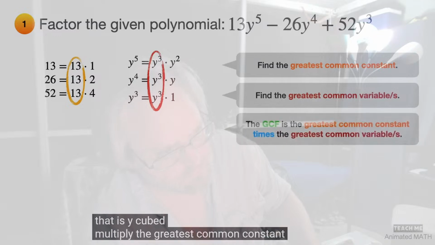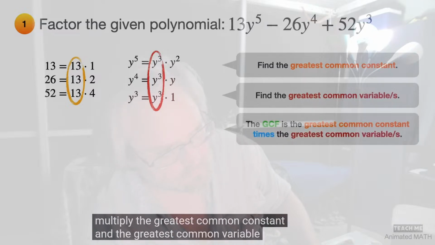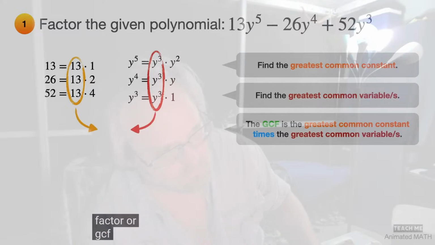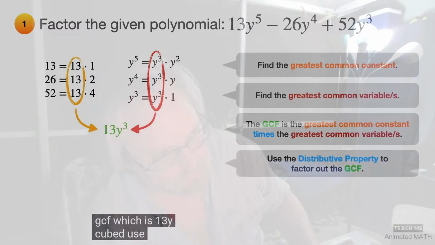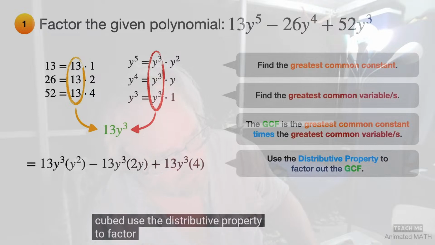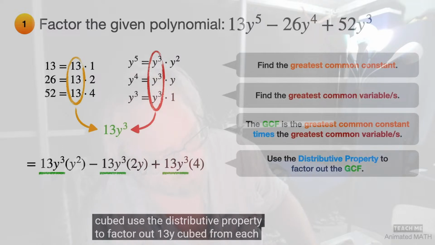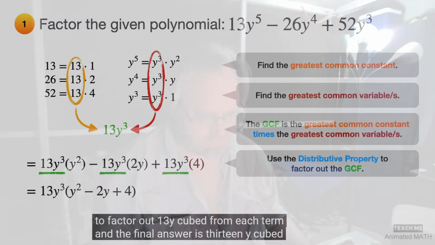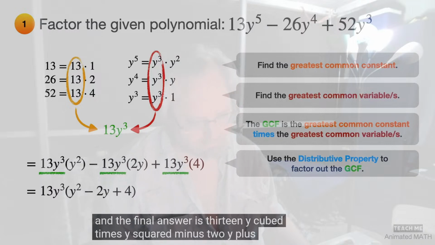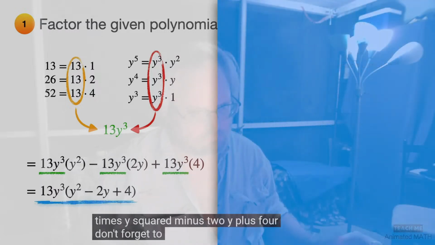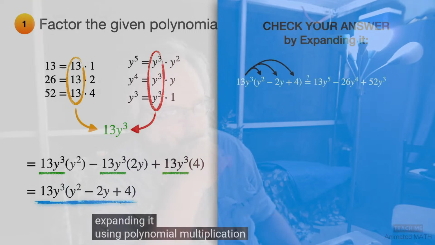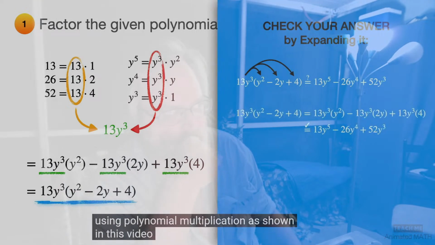Multiply the greatest common constant and the greatest common variable so that you find the greatest common factor, or GCF, which is 13y cubed. Use the distributive property to factor out 13y cubed from each term. And the final answer is 13y cubed times y squared minus 2y plus 4. Don't forget to check your answer by expanding it using polynomial multiplication as shown in this video.